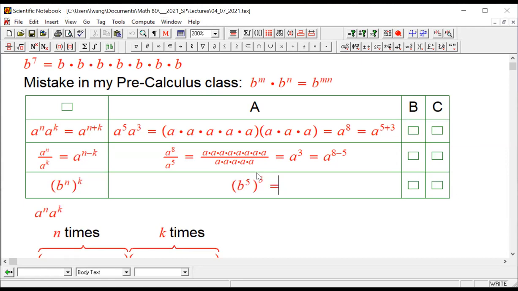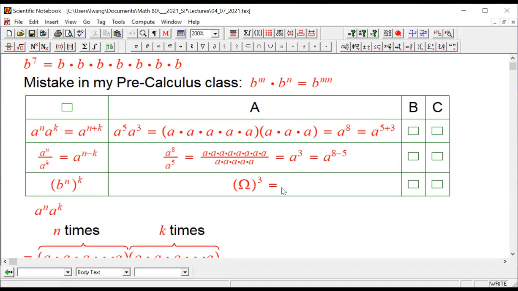So we have layers. Suppose that is omega. And what is omega to the power 3? That's just omega times omega times omega one more time, right? And now that omega is b to the power 5, b to the power 5, b to the power 5.